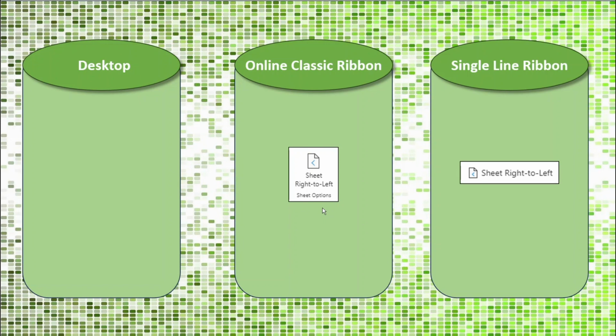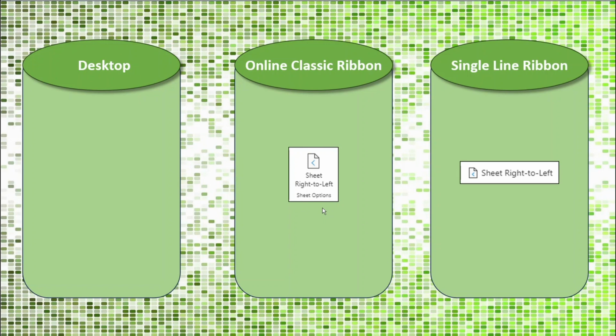There is an option to change your sheet and how it reads and how it's created, instead of generally left to right in English. If you are creating a spreadsheet in a language that needs to read from right to left, you can change the default in the desktop version as well, but to do that you need to go to File, Options, Advanced to find that particular setting.